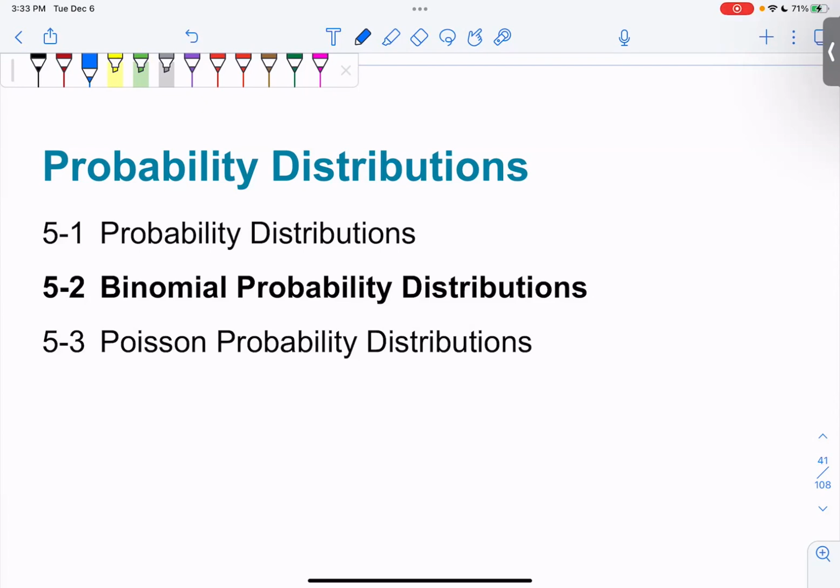Okay? So this is really important. This is for any probability distribution. And then we will have two specific distributions, binomial and Poisson. So those are known, and we will know for each one when we can study this distribution, okay?